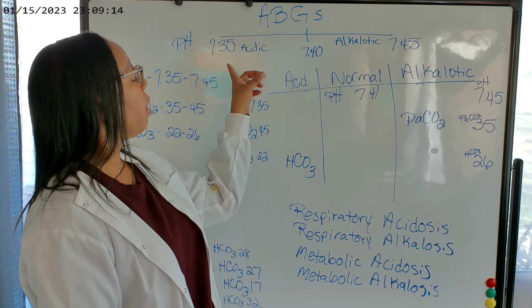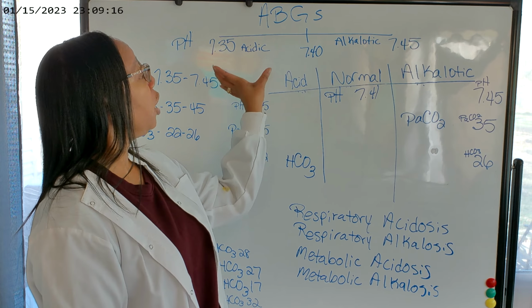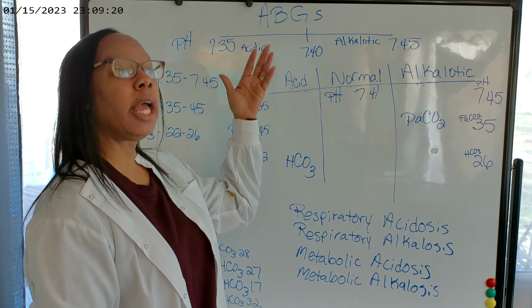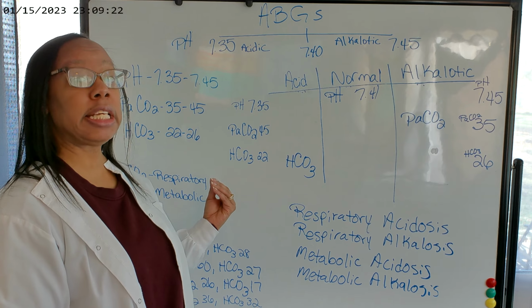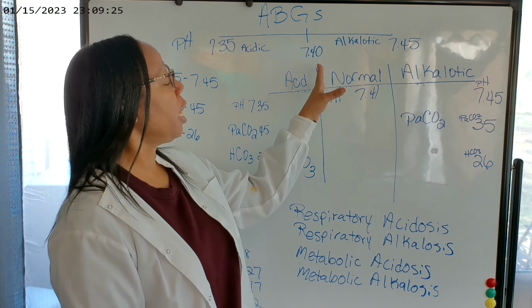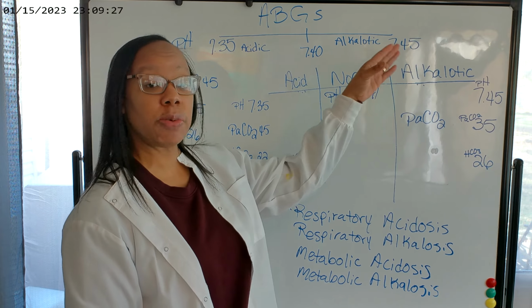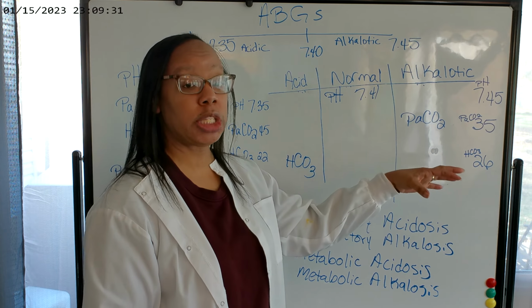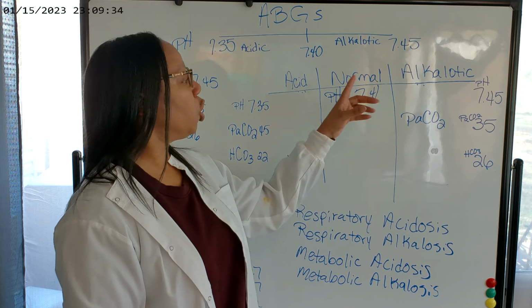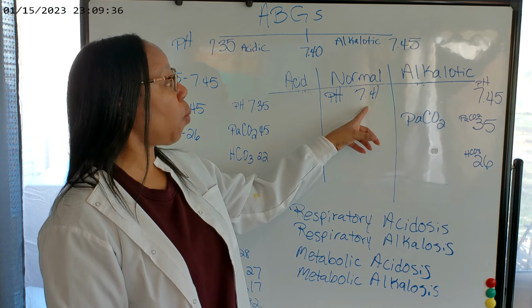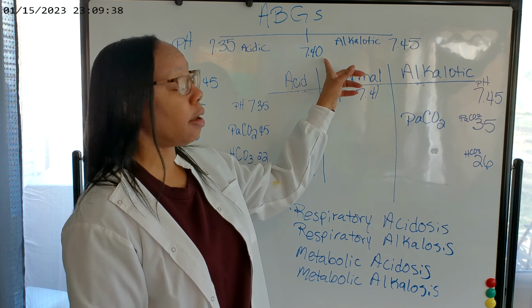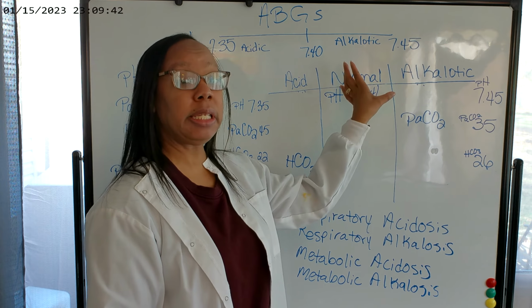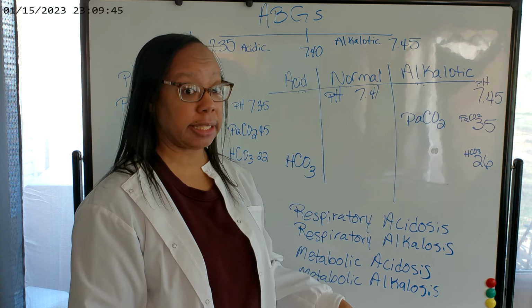So remember up here, I said if your pH falls between 7.35 to 7.40, it's going to be leaning more towards the acidic side. If your pH falls between 7.40 and 7.45, it's going to be leaning more towards the alkalic side. So a pH of 7.41 falls between the 7.40 and 7.45. So therefore, it's going to be leaning more towards the alkalic side.